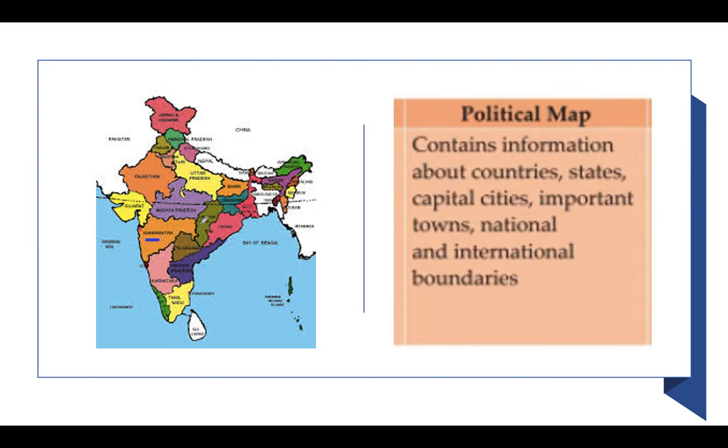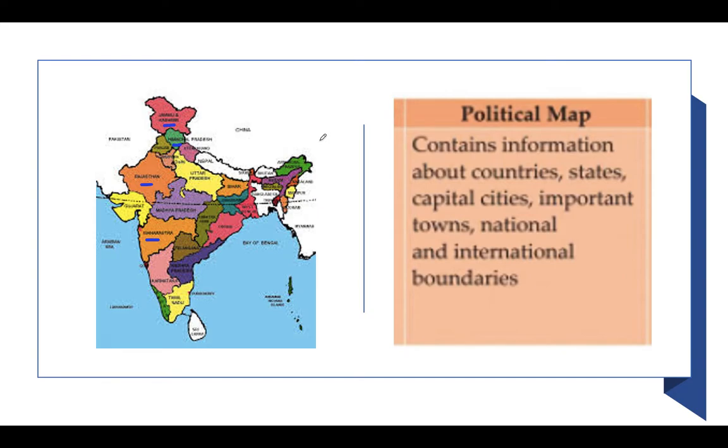You can see Jammu Kashmir, Himachal Pradesh, Rajasthan. So it shows the states. Along with the states, if it shows countries, capital cities, or important towns, national and international boundaries, then it is called a political map. It is related to political things, and states are political things.